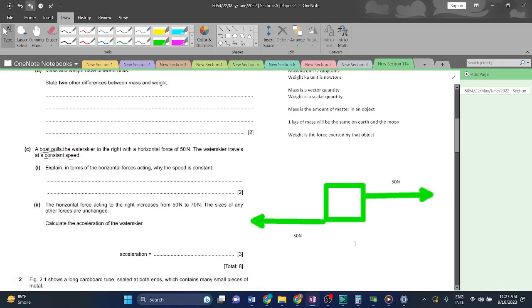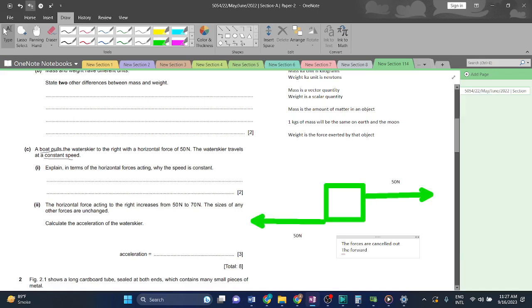As we know, for there to be an acceleration, there needs to be a resultant force. Since there is no resultant force, there is no acceleration, according to the formula F = ma, Newton's second law. So you can write that the forces are cancelled out.